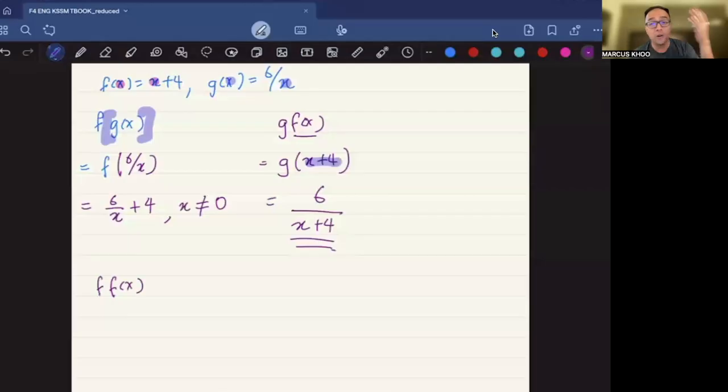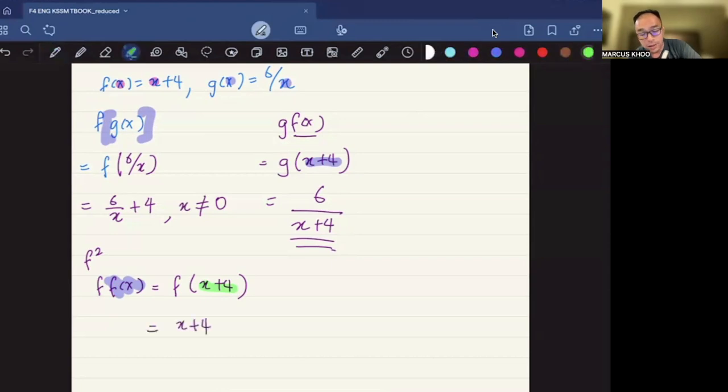Let's go to f squared. I hope by now you know that f squared is f(f(x)). Let's put the object first. Remember, this is the object. So let's put f(x) in first. We will get f of x plus 4. Now x plus 4 is our object. Remember, we put our object into the function.